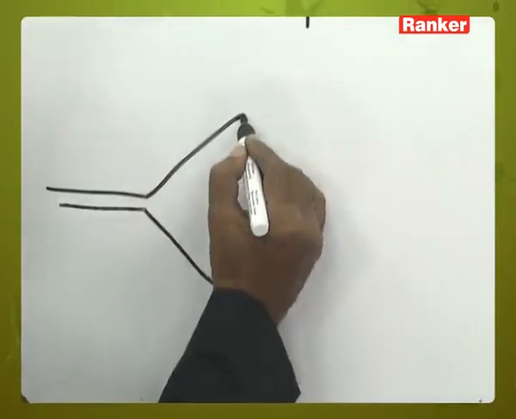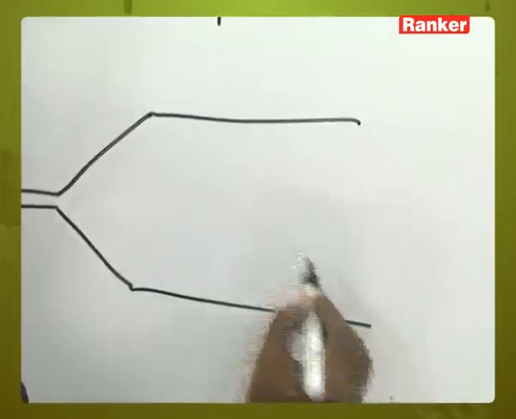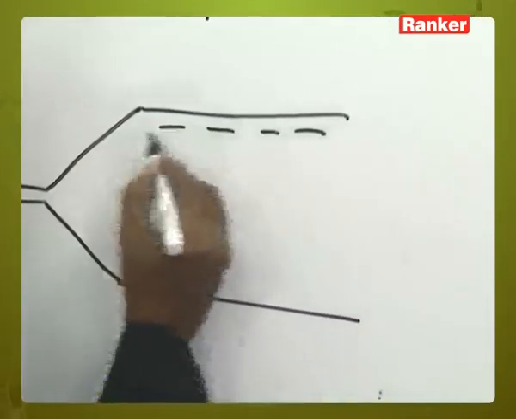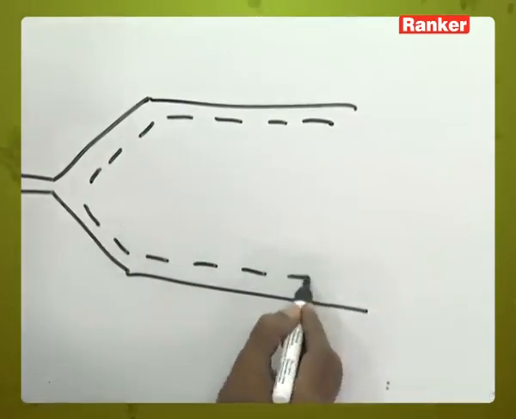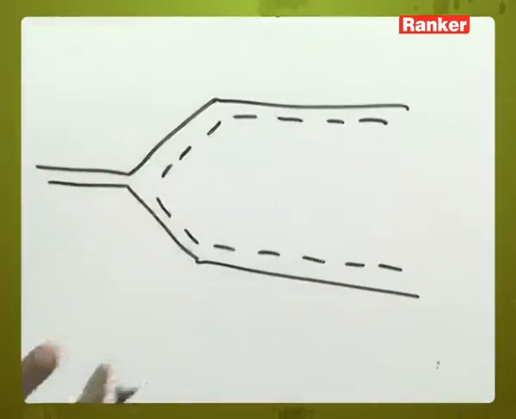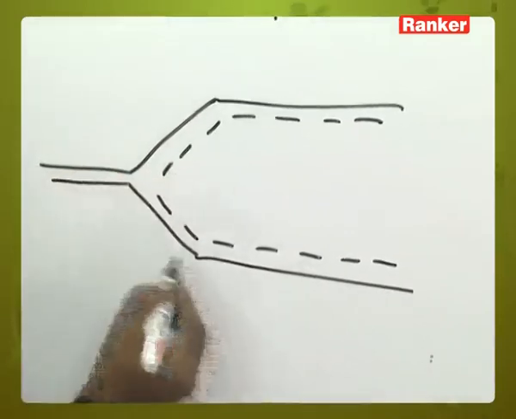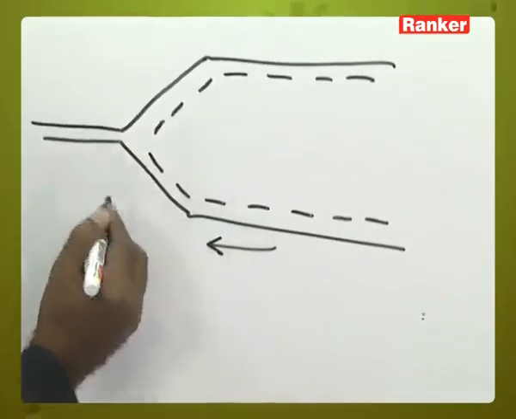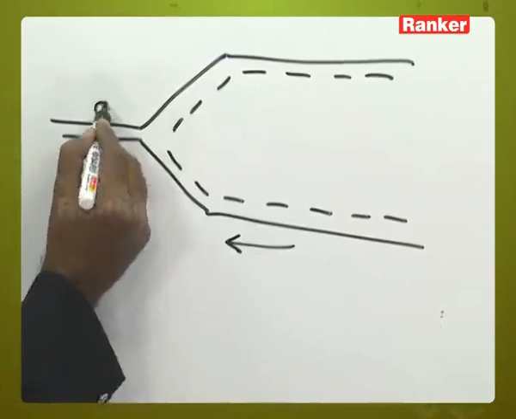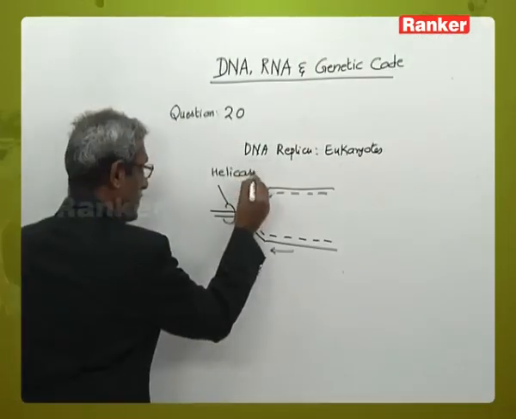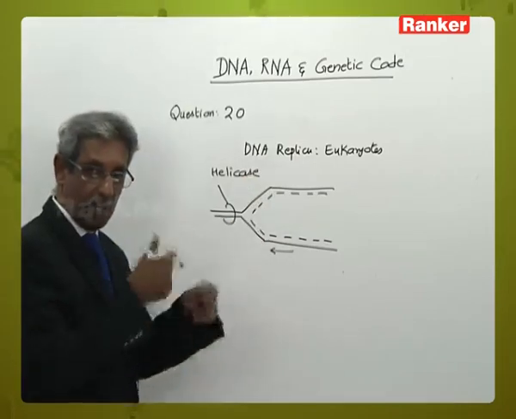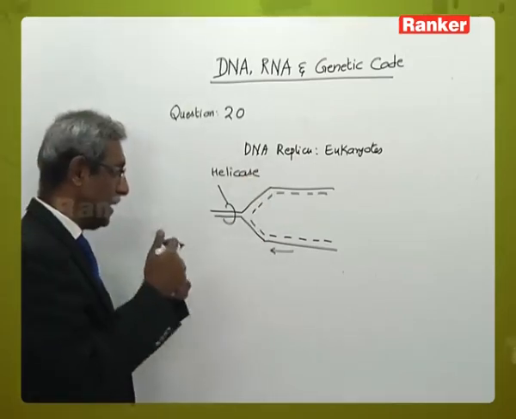And on the replication fork we have the synthesis of the Okazaki fragments. And as the DNA fork moves along this direction, we understand that the helicase enzymes unwind the DNA.